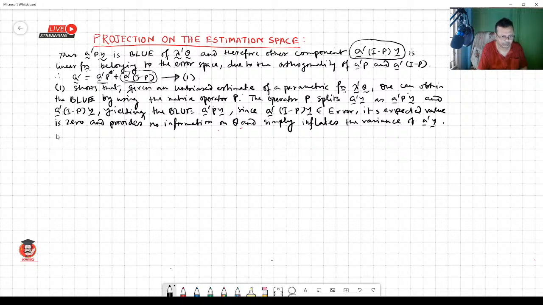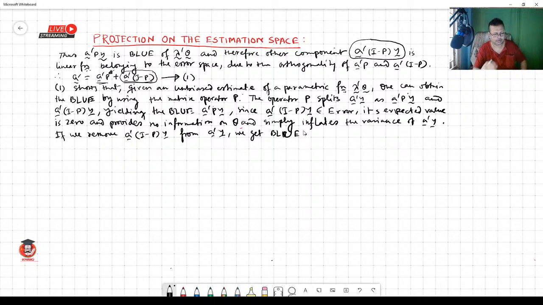If we remove this portion A'(I−P)y from A'y, we get BLUE.